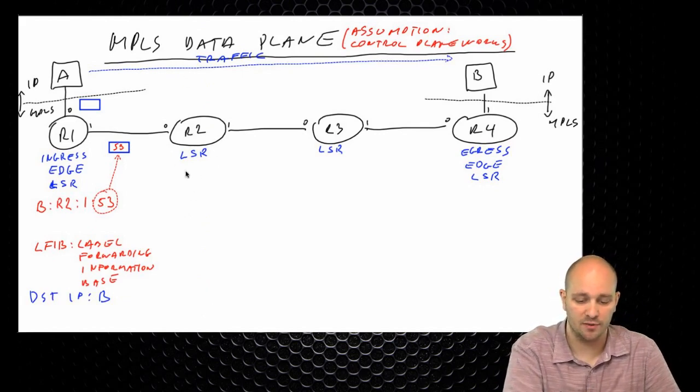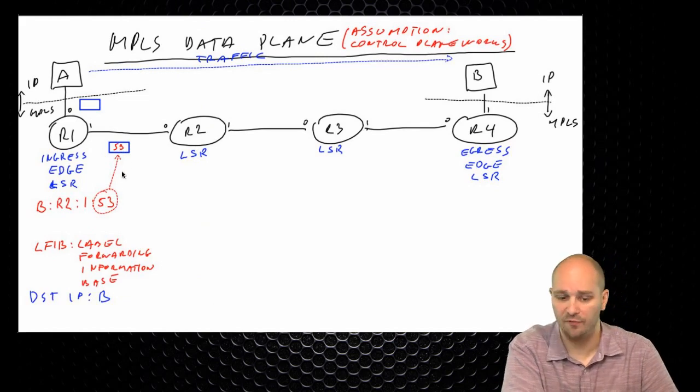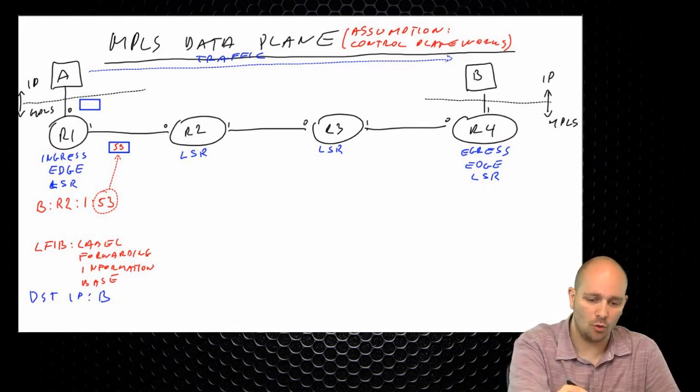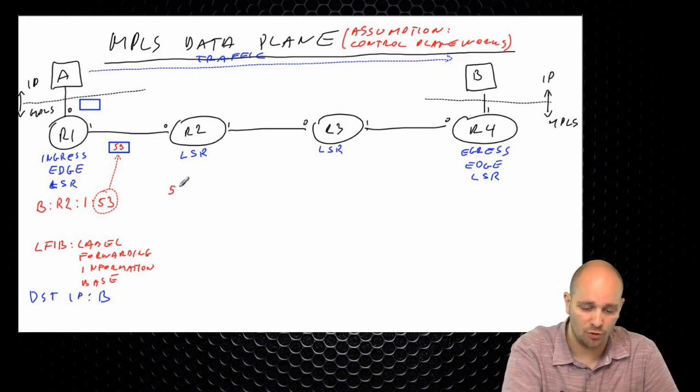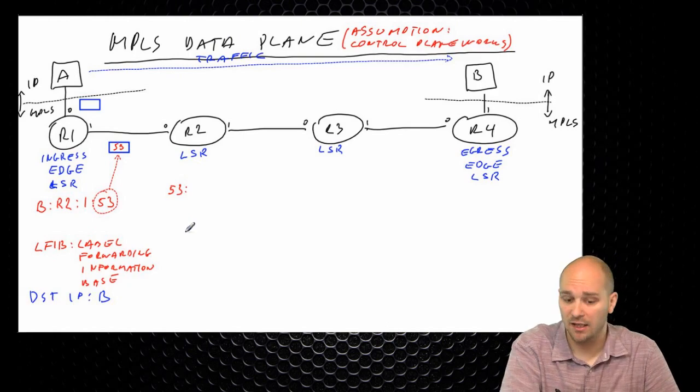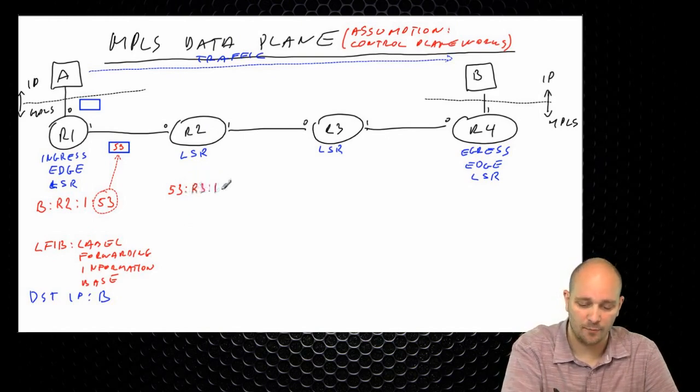R2 is just a label switching router. It is now receiving a packet with the label 53, and it's now looking up in its own LFIB. It's looking for the entry that says, what should I do with the incoming label 53? Now, let's say that in its own LFIB, R2 has information that 53 needs to be sent to R3 out of interface number 1 with the label 71.